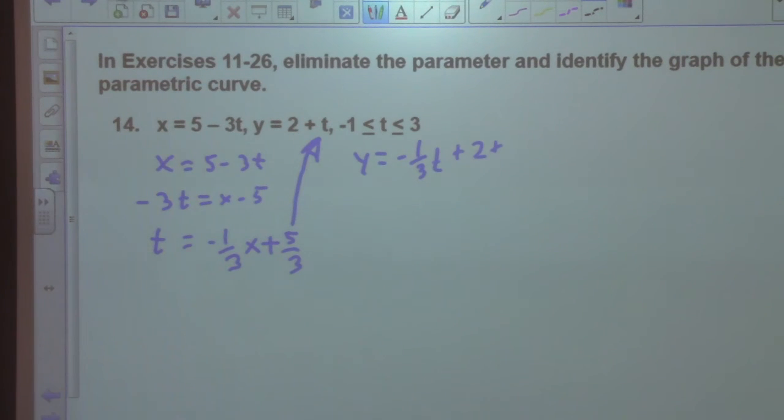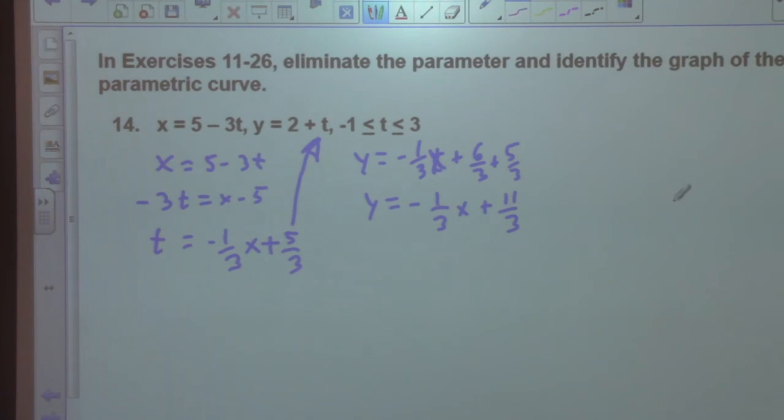Okay, that's good. So you replaced that with 6 over 3 plus 5 over 3. And then I got y equals negative x over 3 plus 11 over 3. I put t, it should be x, right? So we have negative 1/3 x plus 11/3, is that right? Okay.